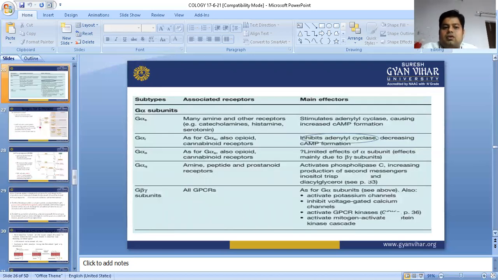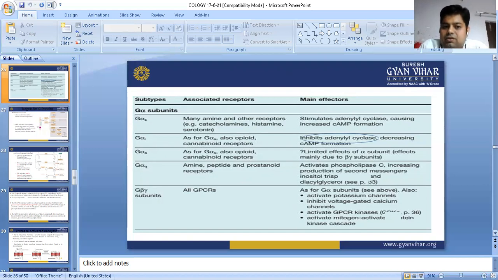Now, what are these subunits of G protein? G alpha subunits: G alpha s, G alpha i, G alpha o, G alpha q, and G beta gamma subunits. So in G alpha s, many amines and their receptors like catecholamine, histamine, serotonin, are going to bind and stimulate adenylyl cyclase, causing increased cAMP formation.